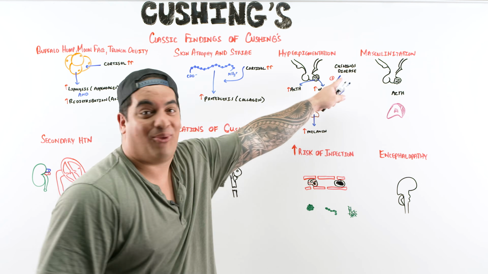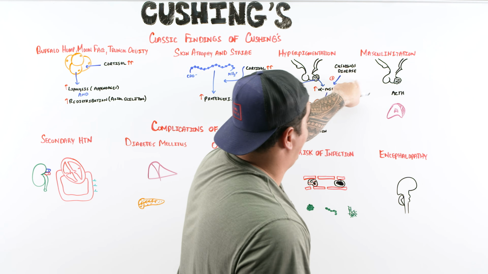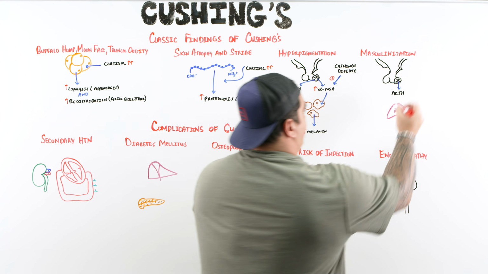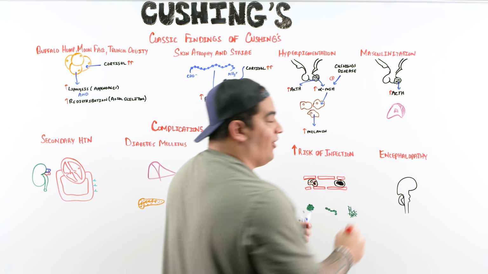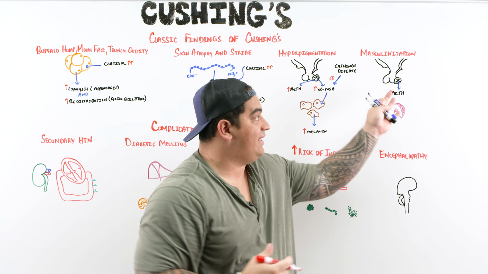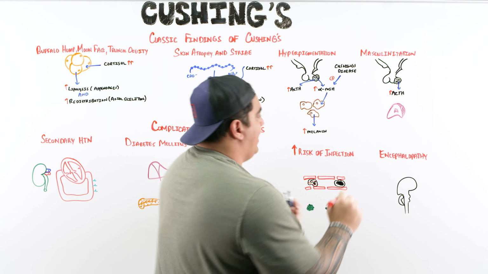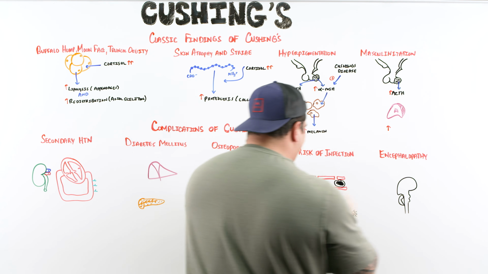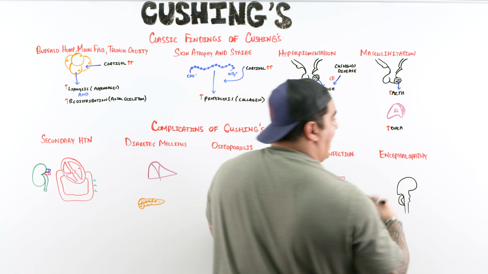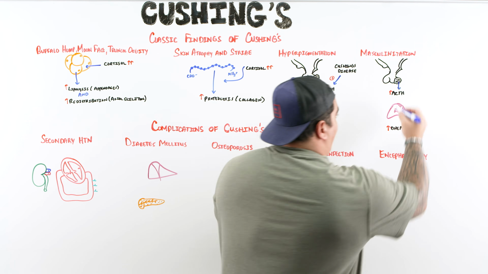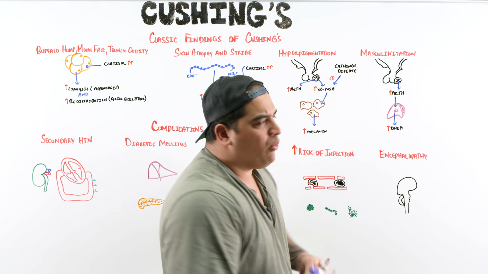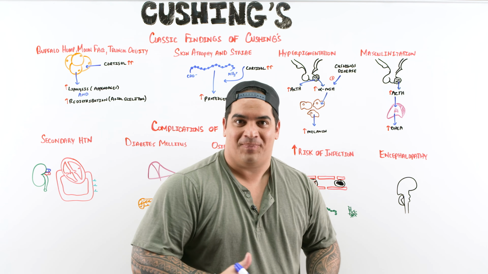That is super important. The other concept here is that in Cushing's disease, whenever you produce tons of ACTH, yes, you will have an increase in cortisol. But there's another hormone that is dependent on ACTH to a small degree, and it is called DHEA, dehydroepiandrosterone, and androstenedione. Either way, these are androgens. Now, androgens in the female play a role of acting like testosterone.